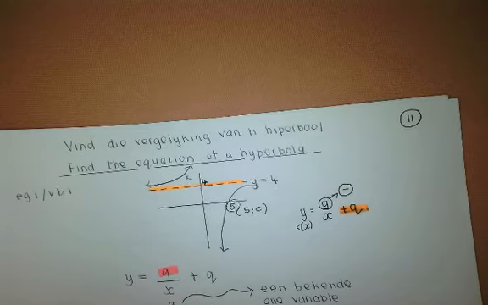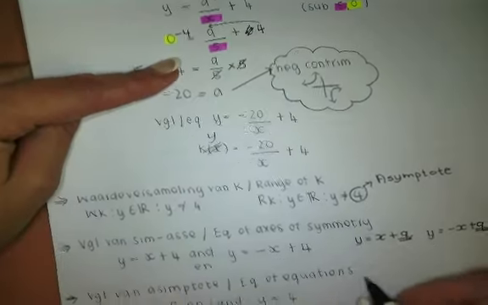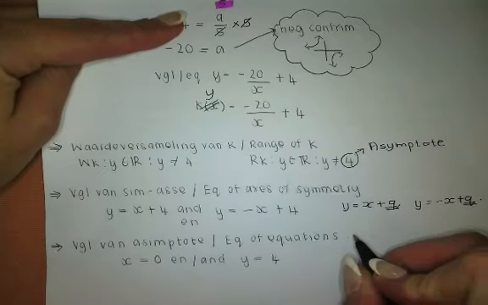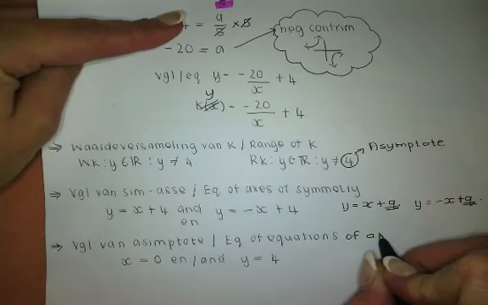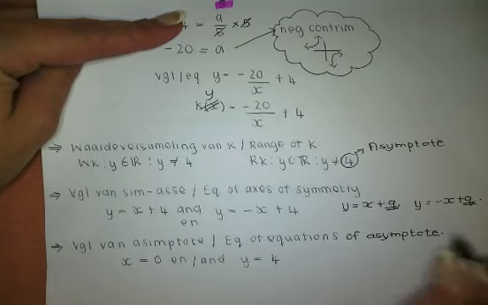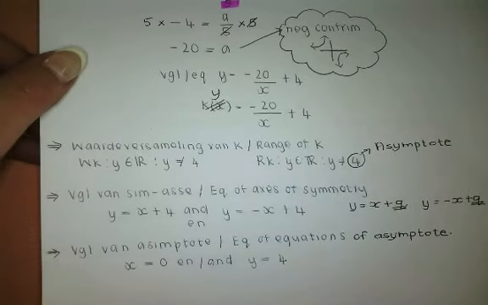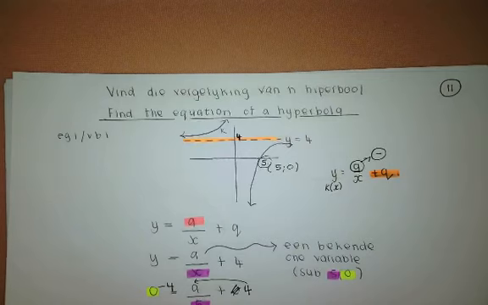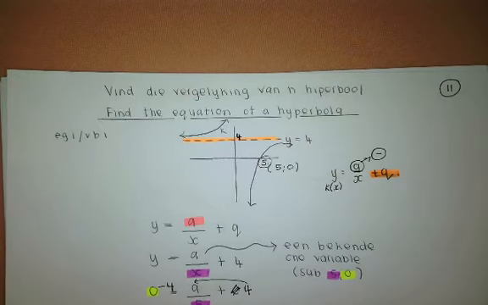Equation of the asymptote. But now remember, in grade 10, when we were sketching, we've got two asymptotes with our hyperbola.